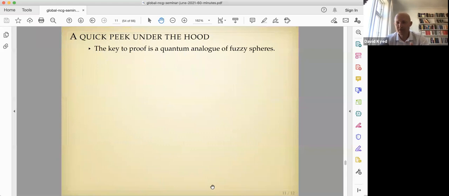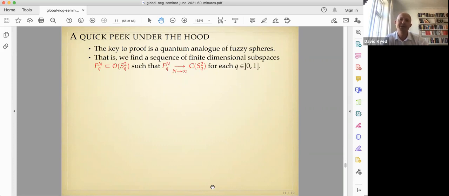So what I wanted to show you was the main strategy, because the main strategy actually contains an interesting result in its own right, I think, because the key to the proof is to construct quantized analogs of fuzzy spheres. So remember, I talked about this fuzzy sphere result of Rieffel, that the matrix algebras converge to the two-sphere.